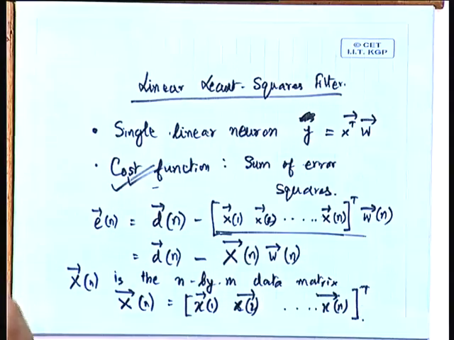So, n by m means what? If you take the transpose of this, in the column we will be getting x 1 vector, x 2 vector like that, and each of these vectors is going to be an m dimensional vector, and there will be n such vectors in the row. So, there will be n number of rows, and the columns will encompass the elements of each vector. Since there are m elements, there will be n rows and m columns.